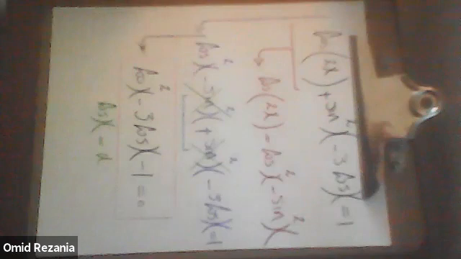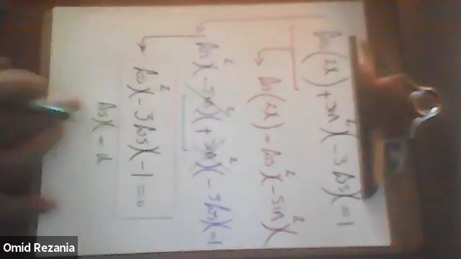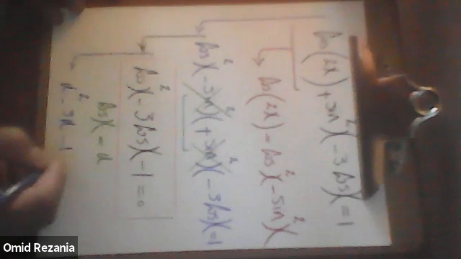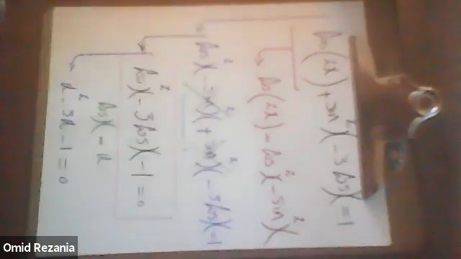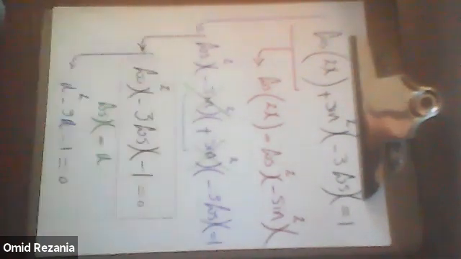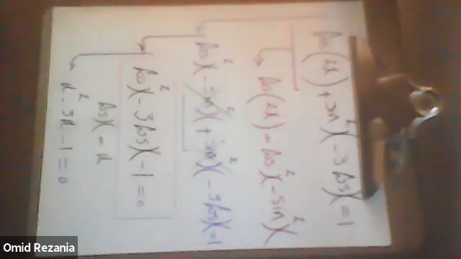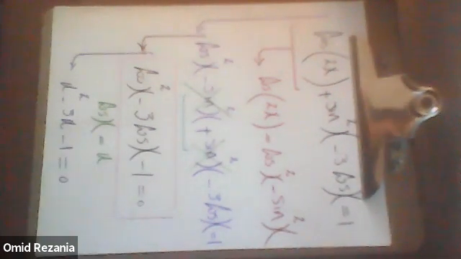If I rename cosine of x, let's call it u, and I put u instead of cosine of x, I'm going to have u squared minus 3u minus 1 equals 0. That's a simple quadratic equation which we need to solve, and we have to start from there now in order to solve the equation.